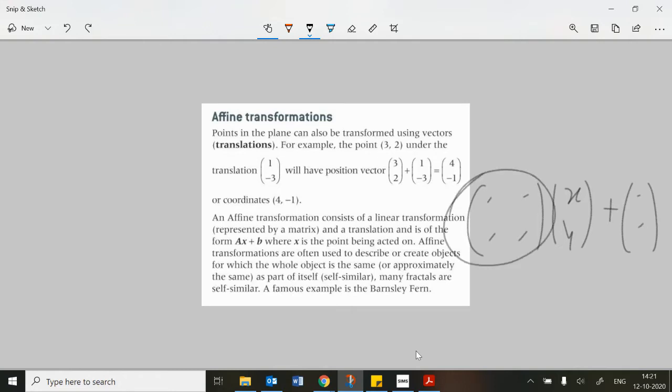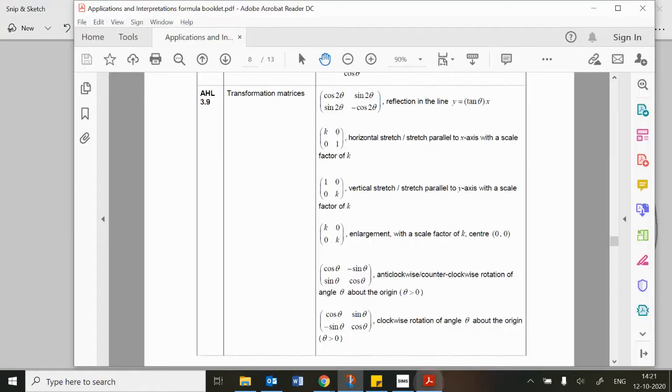It might already have been a combination of, say, a rotation of 45 degrees clockwise, followed by a reflection in the x-axis, followed by a stretch in the y direction. So this will already be a multiplication of other matrices, which we can come up with by looking at these matrix transformations in the formula booklet.